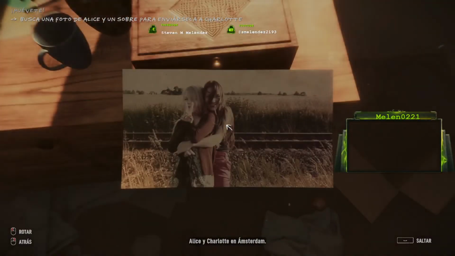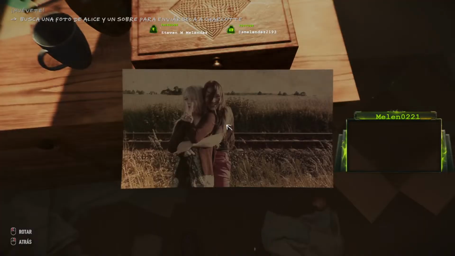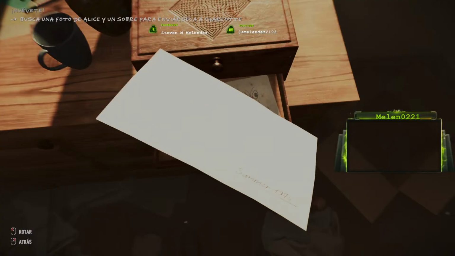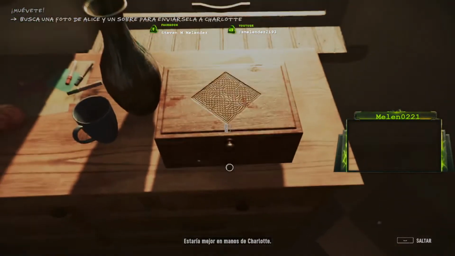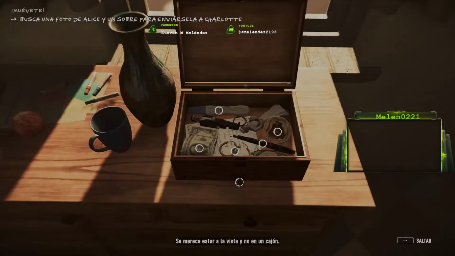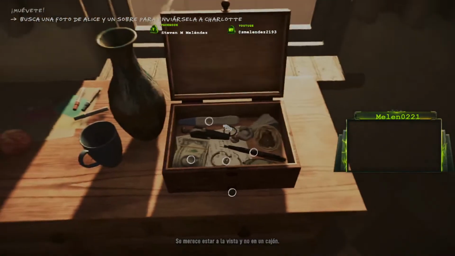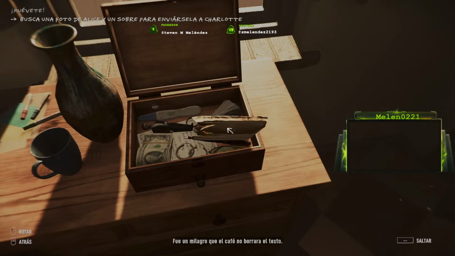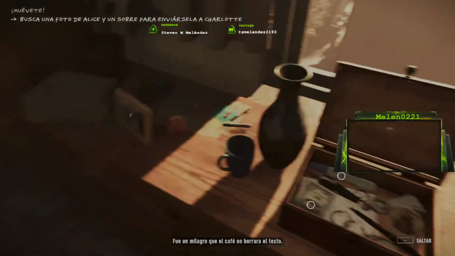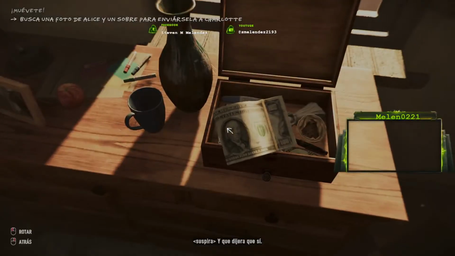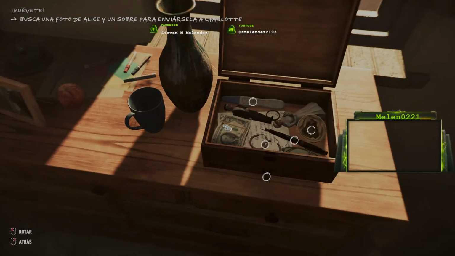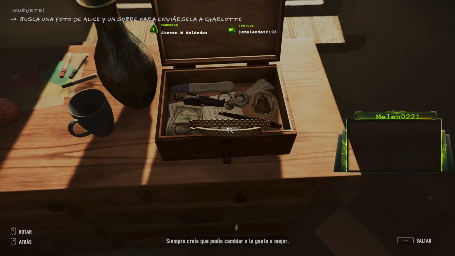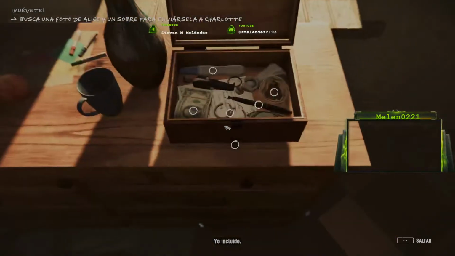Alice and Charlotte in Amsterdam. It would be better if Charlotte had this. It deserves to be on display and not hidden in a drawer. It was a miracle that the coffee didn't wash off the writing. And that she said yes. She always believed she could change people for the better. Even me.